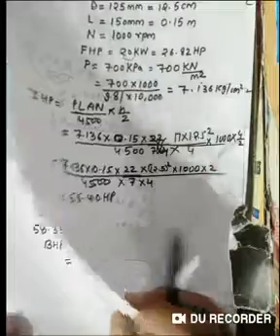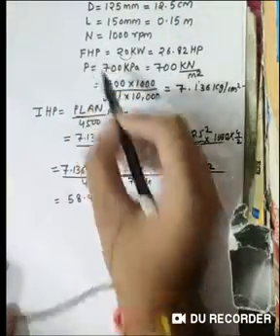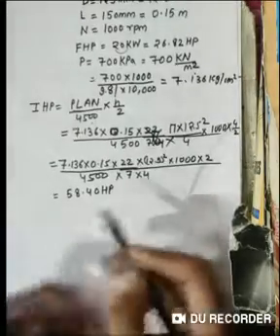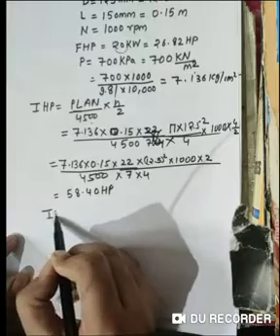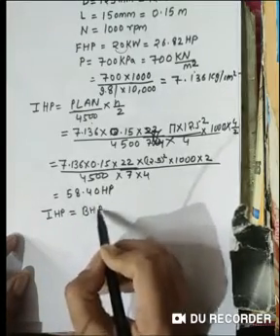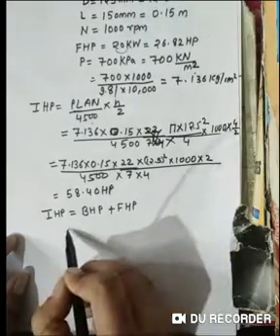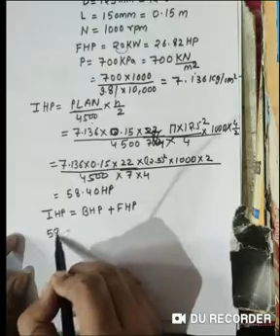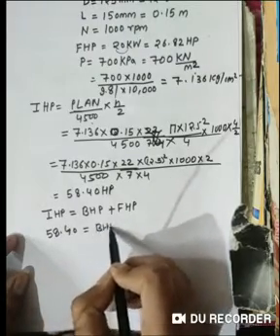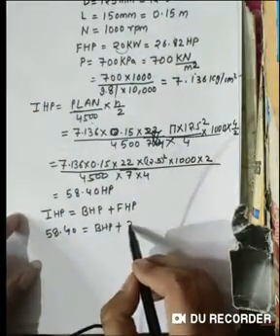Like that we have FHP. So we know IHP, indicated horsepower, is equal to BHP plus FHP. IHP is your 58.40 and we have to calculate the BHP, and your FHP is 26.82 HP.